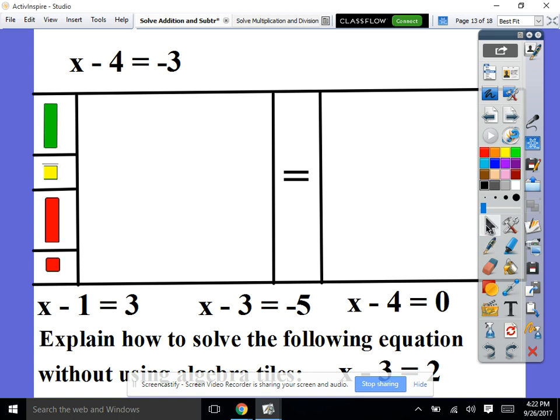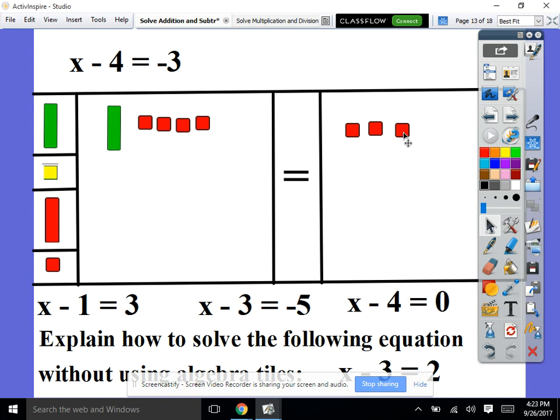So if I want to drag out x minus 4 equals -3, here's an x, but I can't use this because really I'm saying x plus -4. So I'm going to have to use these: 1, 2, 3, 4. That says x minus 4 equals -3.